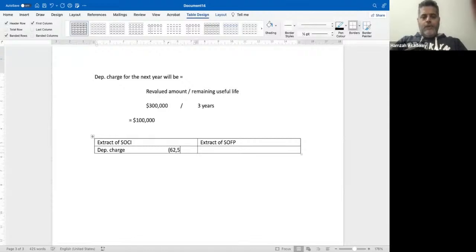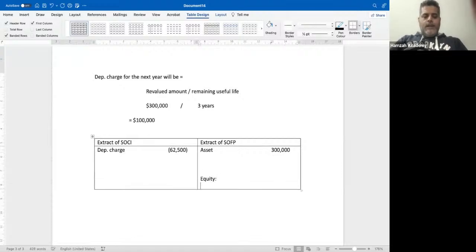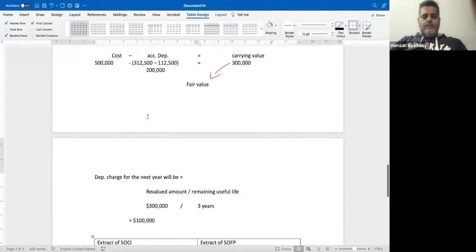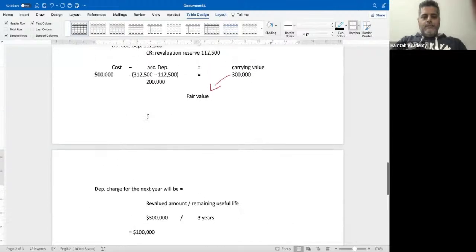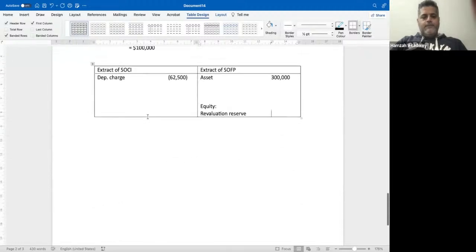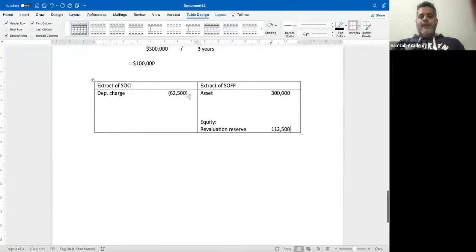Then the asset got revalued to 300,000, and then in equity you had this revaluation reserve, and this was standing at what? The revaluation reserve, 112,500, right? So this is what we have right after where we have the revaluation at the end of the year, right? So this is what the arrangement is going to be.